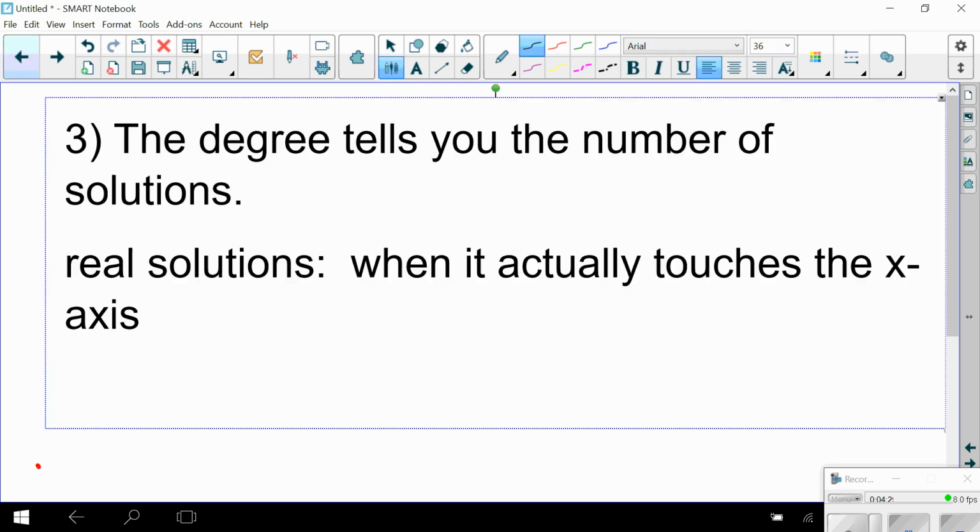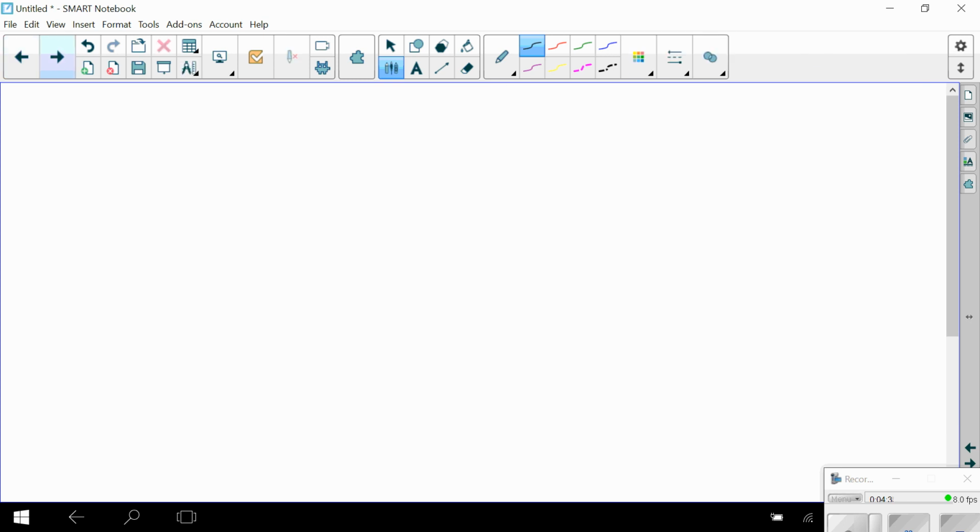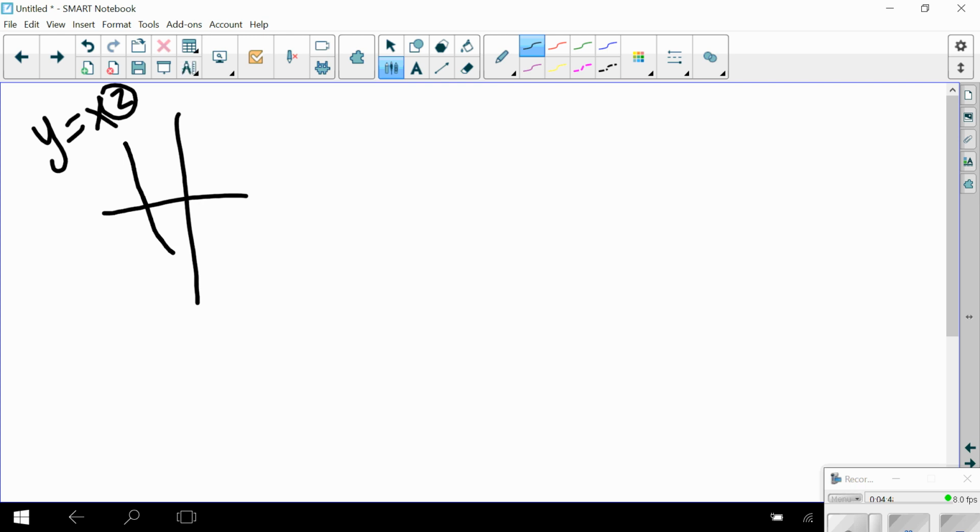I'm going to go back. If you need to pause it, copy this down. Alright, let's look at some real solutions. If I look at a quadratic function, my degree is 2. How many real solutions do I have?